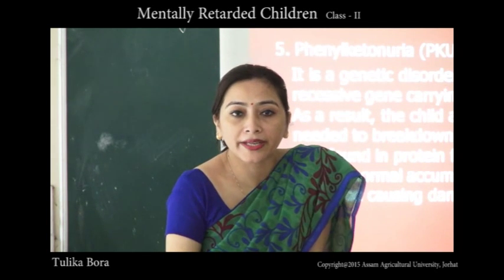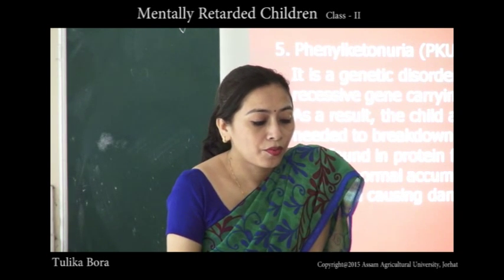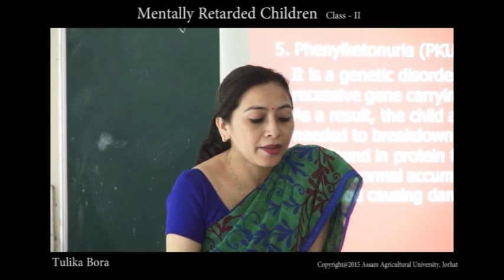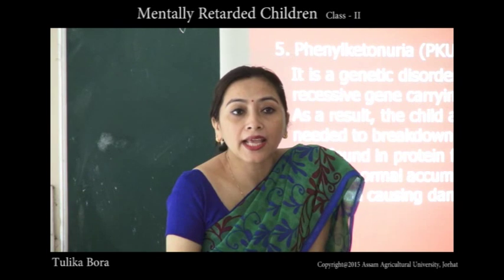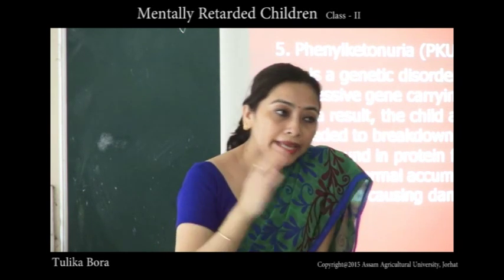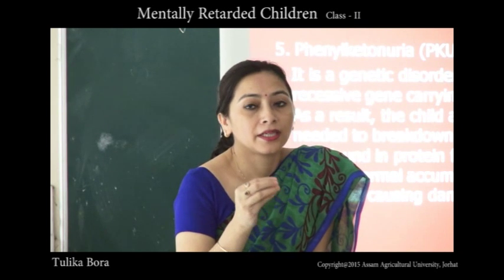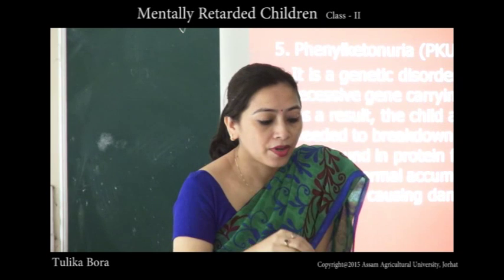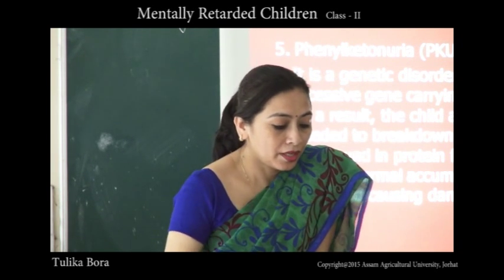Then phenylketonuria, I think you all know about phenylketonuria. They lack the enzyme needed to break down phenylalanine. Here also they can be given diets which don't have much phenylalanine.